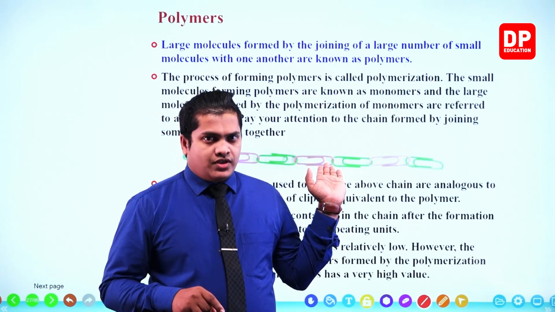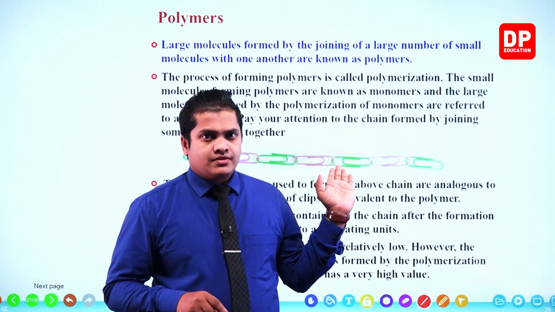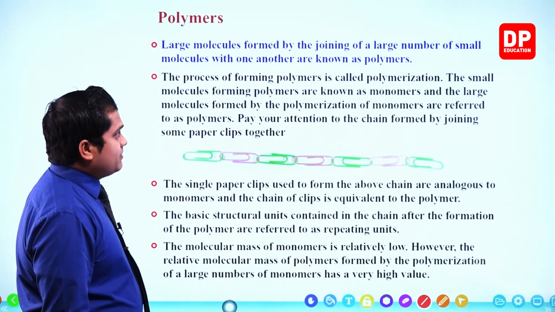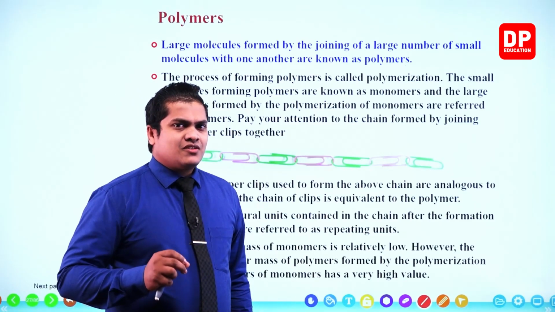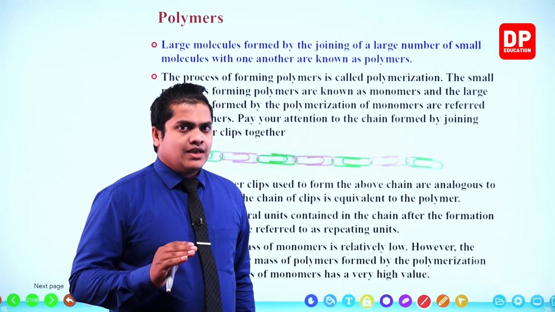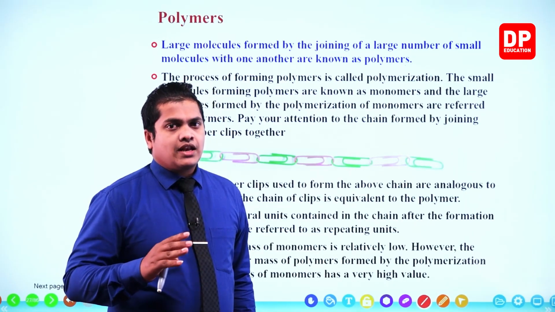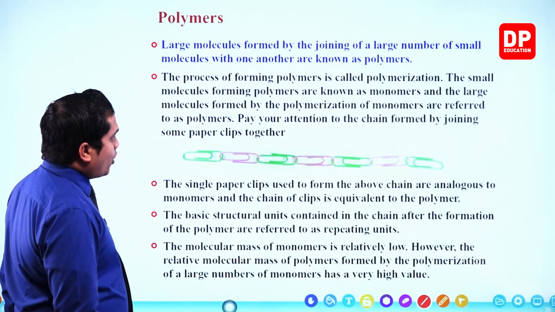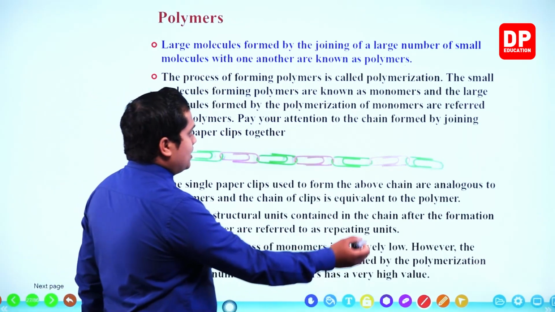Within this figure also you can observe a similar structure which is made by file clips. Let's see what the other contents are. The process of forming polymers is called polymerization. As we discussed, the process of creation of polymers is referred to as polymerization. This is the bonding process of different smaller molecules together to create a large molecule. Then, the small molecules forming polymers are known as monomers.